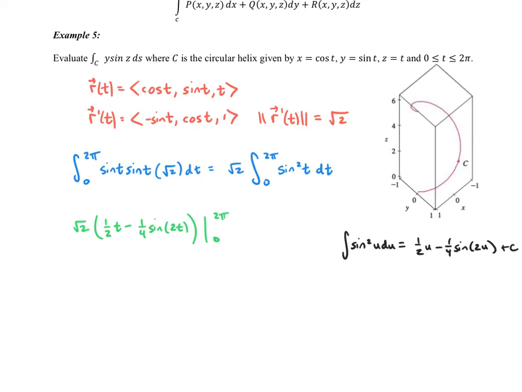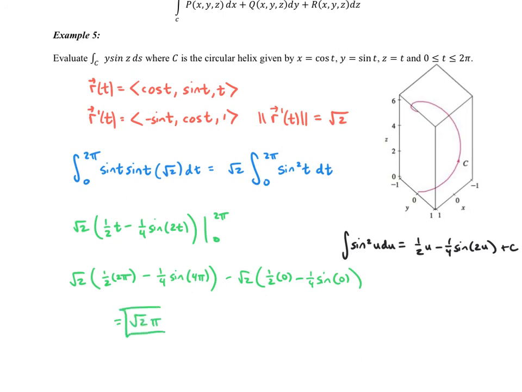That gives us the square root of 2 times 1/2 times 2 pi minus 1/4 times sine of 4 pi, which is going to be 0, minus the square root of 2 times 1/2 times 0 minus 1/4 times sine of 0. All the stuff in that second part is going to be 0. So what we get is the square root of 2 times 1/2 times 2 pi, which is just the square root of 2 times pi. Okay, so there you go.